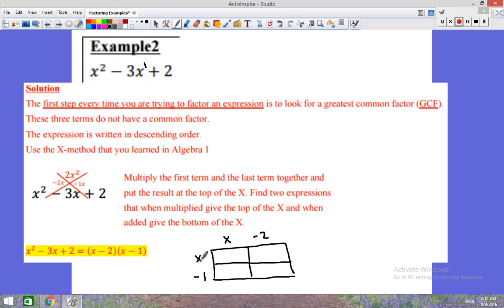Now the x times x is x squared. The x times, see, here's part of the values that we found in that x, the negative 2x, and then here negative 1x, and a negative times negative is positive. So if we add these four terms together, it simplifies to x squared minus 3x plus 2, so we know we've done it correctly.